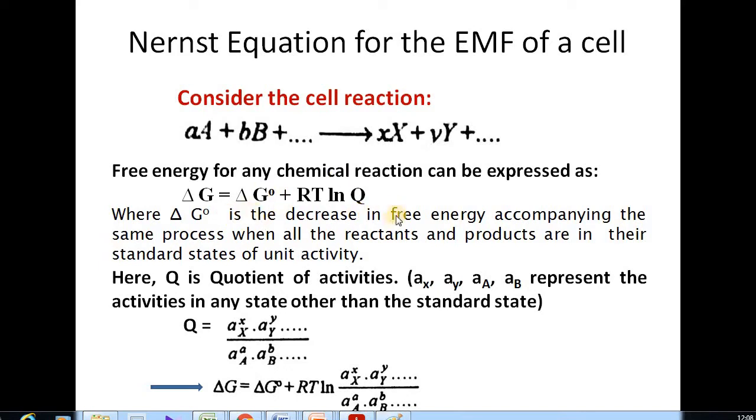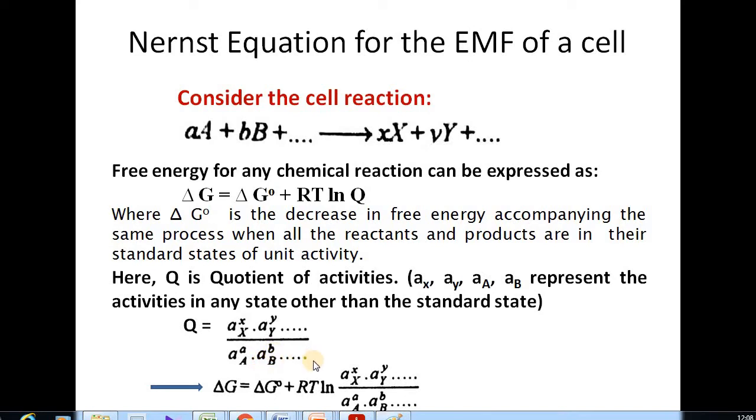Now here Q is what? It is the quotient of activities, where Q is given by the activity of X raised to power x multiplied by the activity of Y raised to power y, and so on, divided by the activity of A raised to power a, times the activity of B raised to power b, and so on.